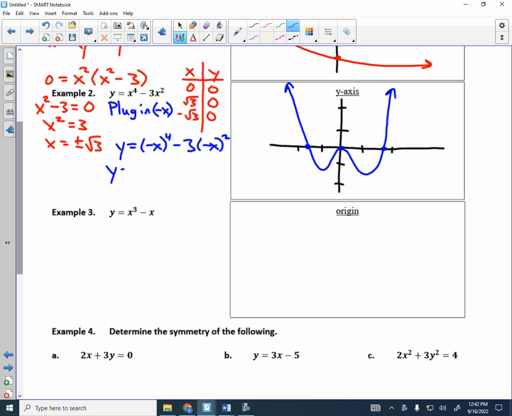Positive. So y equals x to the fourth. And then the negative x squared will be a positive x squared. It'll be a minus 3, so minus 3x squared. Yeah. So there we have, it's matching, so this is symmetrical about the y-axis.